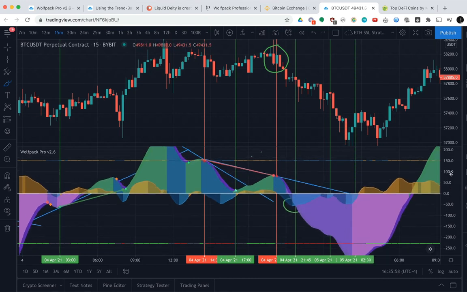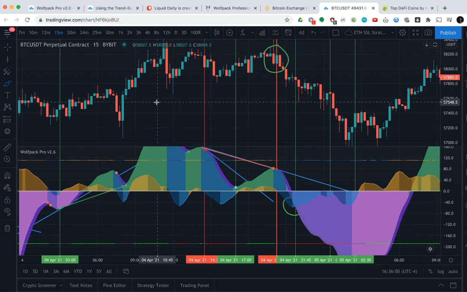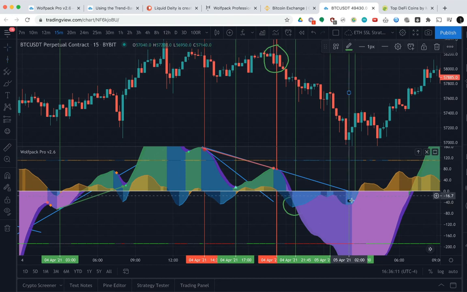Keep in mind, just to note, the best place to exit the trade was right here after this momentum wave, the acceleration wave here. This dark blue turns to light blue. It was right in this area there that it turned to light blue.